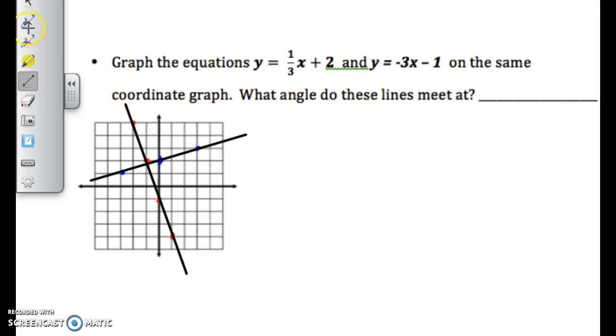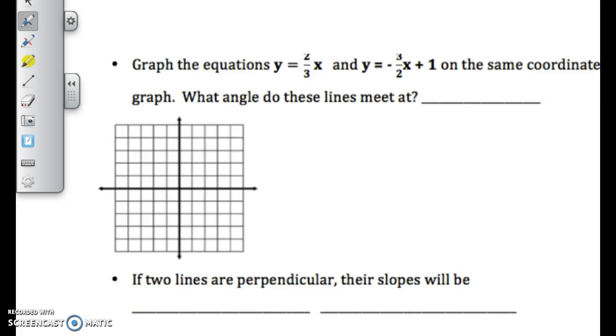So what does this angle look like? And I'm going to argue that it is a 90-degree angle. Okay, so let's do the other one. This should be y equals 2/3 x and y equals -3/2 x plus 1.